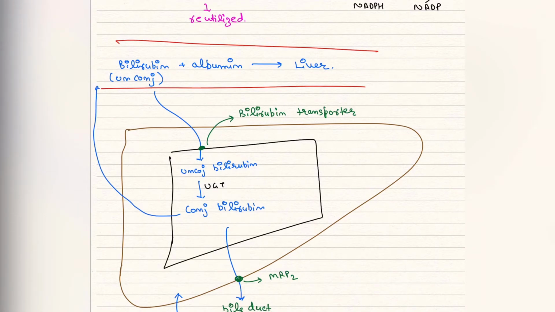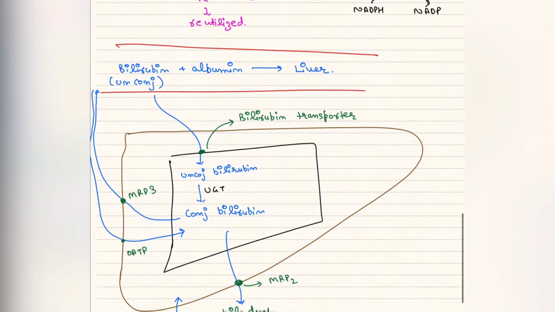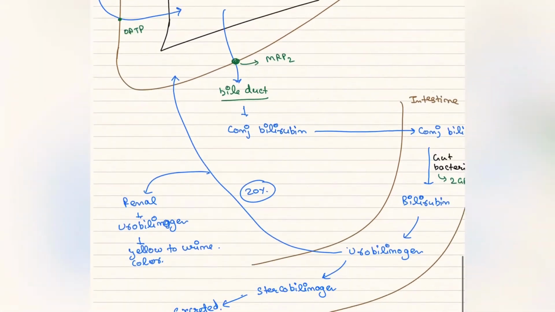With which receptor? MRP3. Through MRP2 it goes to the bile duct, but through MRP3 it goes back into the blood. And there is another cycle through which conjugated bilirubin comes back into the liver with the help of OATP, organic anion transport protein. Through this receptor it goes back into the hepatocytes. So this is the complete cycle of how heme is catabolized in the body.